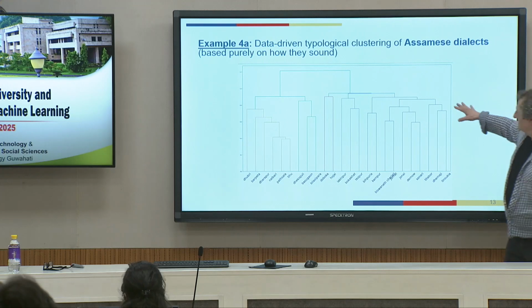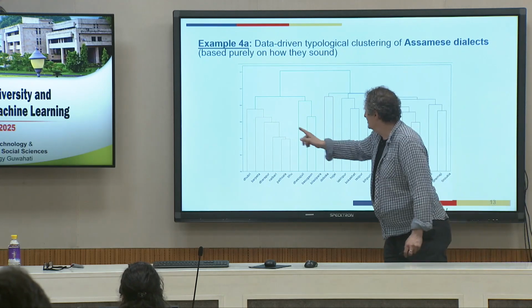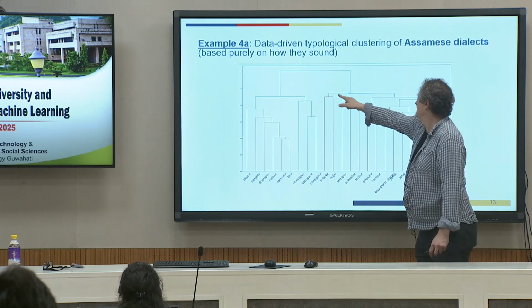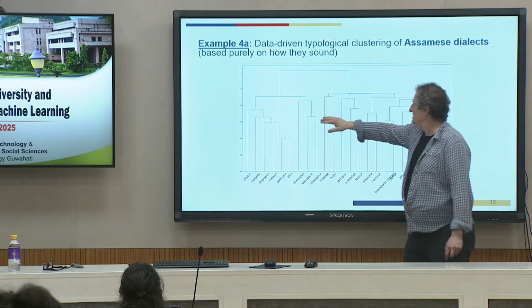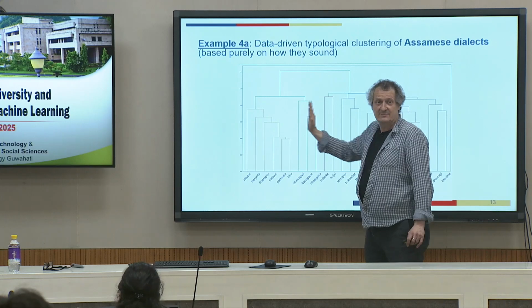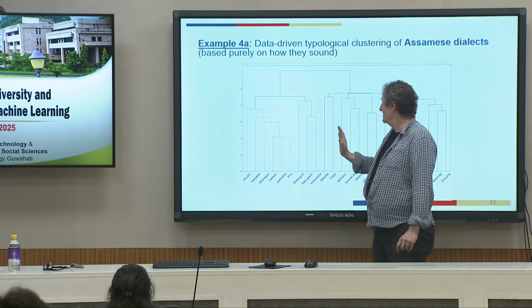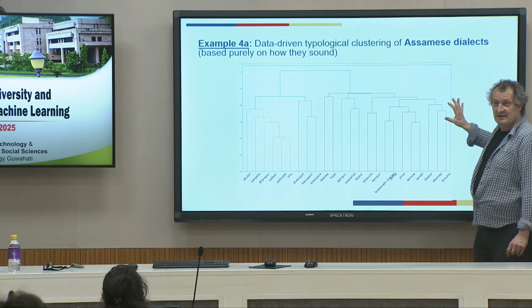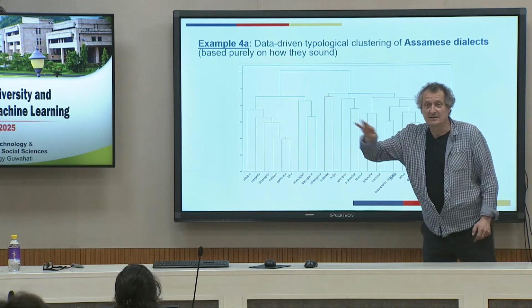Now, you can see that in this major split there are 1, 2, 3, 4, 5 groups. There's a first split, then this is almost identical there, and at this first split the lower or Western Assamese locations are split into 2 subgroups, and these are split into 3 subgroups, and these subgroups are colored.